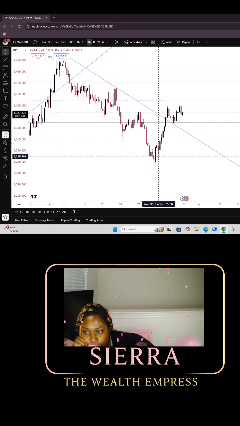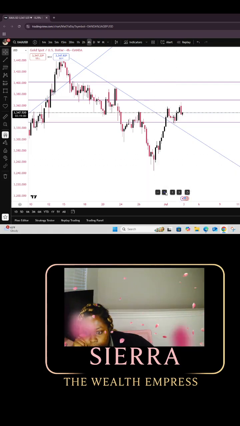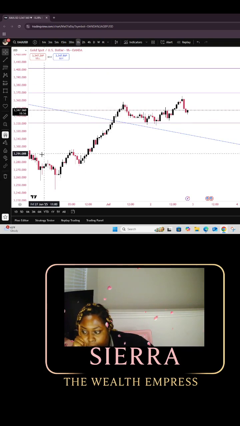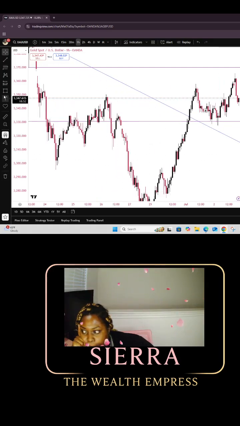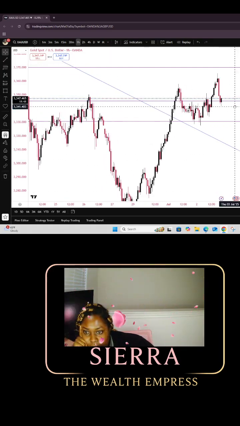So price just broke our trend line. It retested and touched our fair value gap. Okay, so now I want to come down to the hourly time frame, and I think I'm definitely about to buy, okay, because price is back inside of another fair value gap.